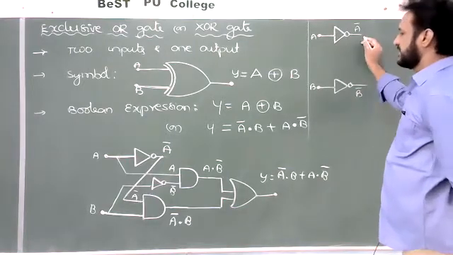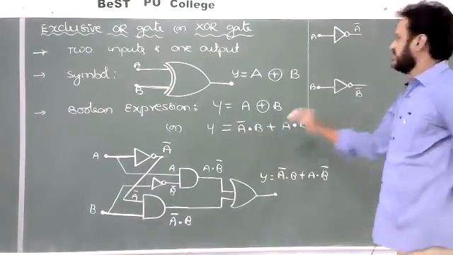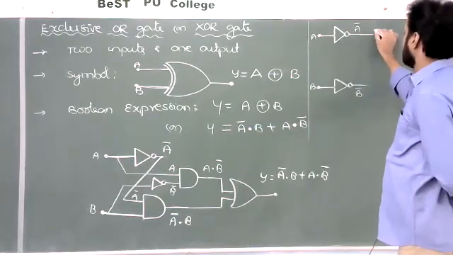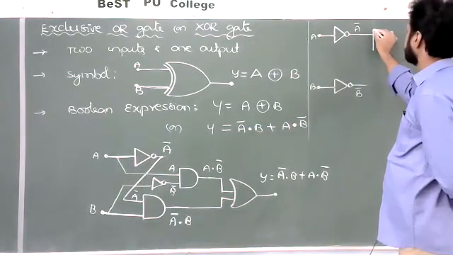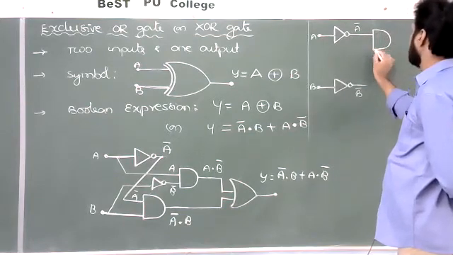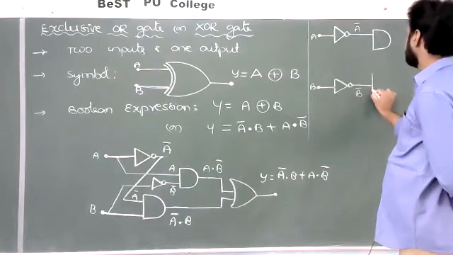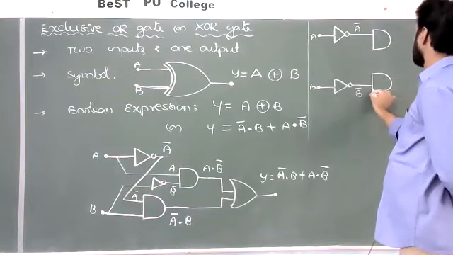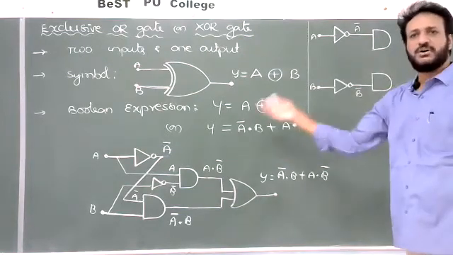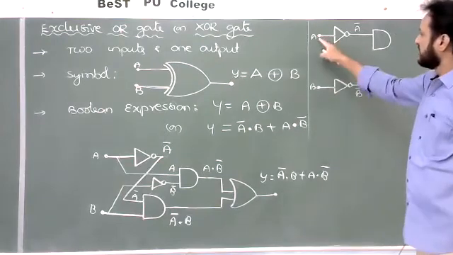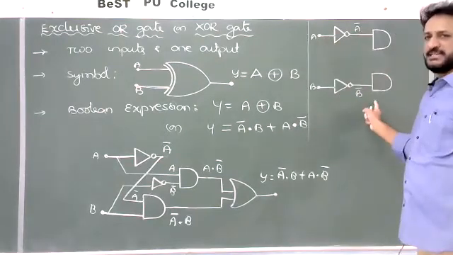So here, first A complement into B. Here I'll use one AND gate. Check here, it is one AND gate. Here also I'll use one more AND gate. The same circuit, in a different way, is how we can write it. So A complement, and this will be B complement.